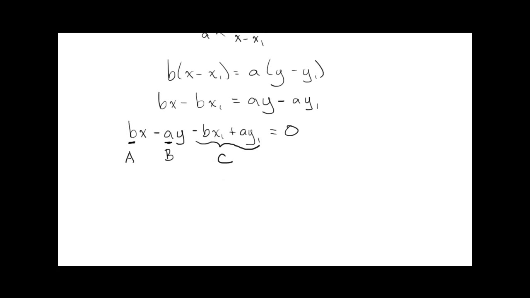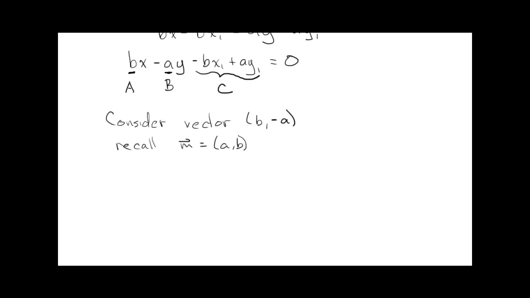Very good. So now consider this vector right here, (b, minus a). Consider a vector, little b minus a. Well, what do we notice? Remember, the direction vector, we'll call m, was equal to (a, b). What do we notice about these two vectors?